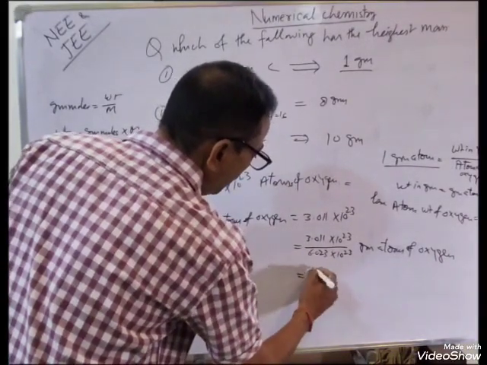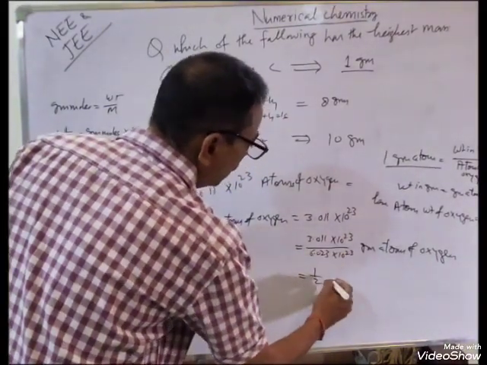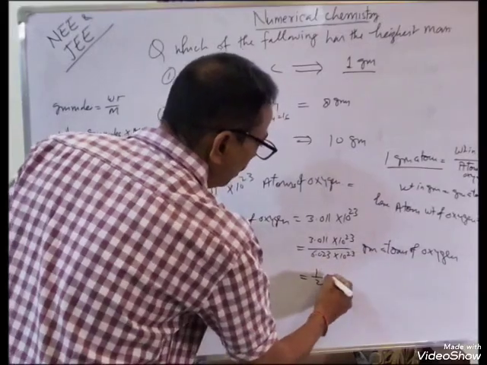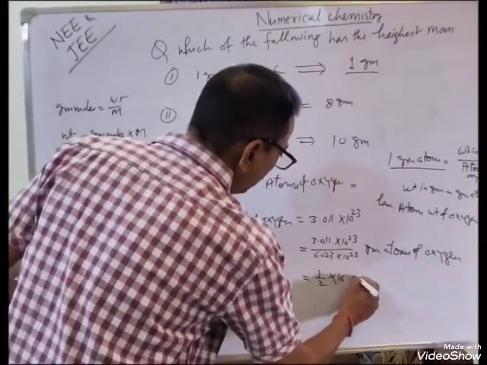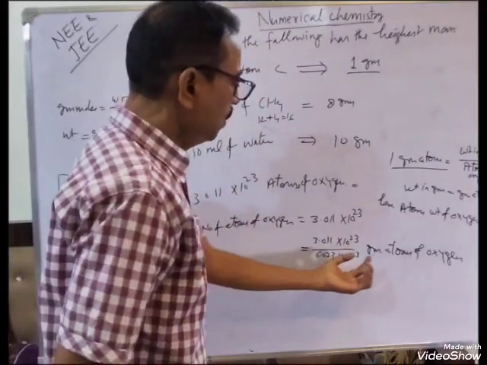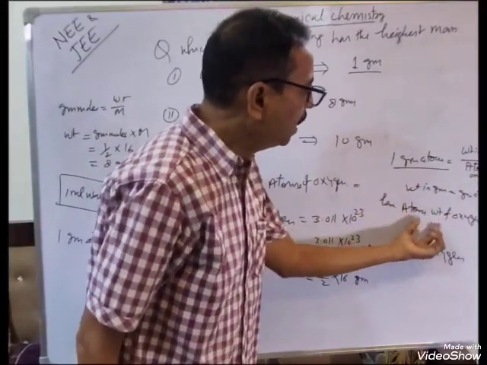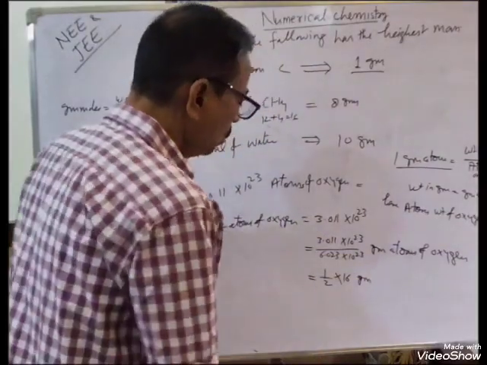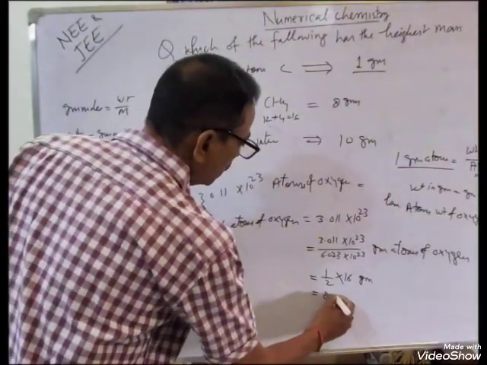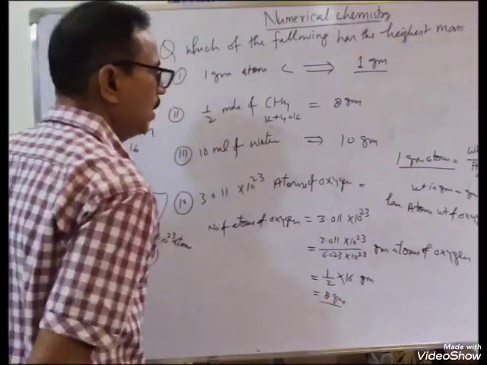This is simplified, this will come half gram atom multiplied by 16, you will get weight in gram. So this is 8 gram. This is also 8 gram.